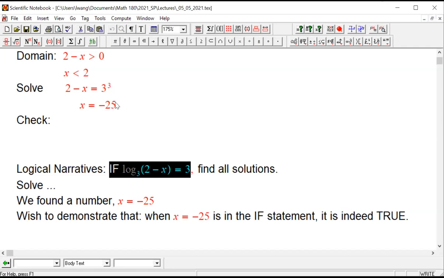You still need a few more steps to do the convincing. You basically show the reader, hey, look, if I put this on the left-hand side and I go through these steps and I get this number, and this number is the same as the number on the right. Therefore, when this number is plugged in, the left is the same as right. Did I make myself clear?